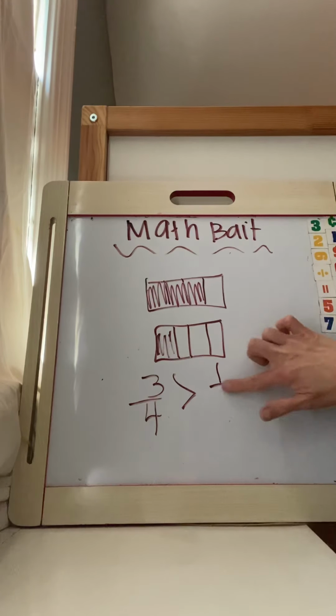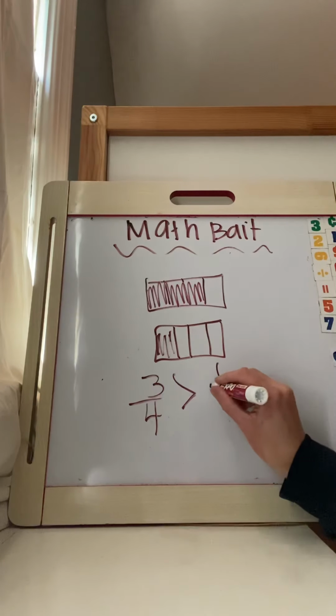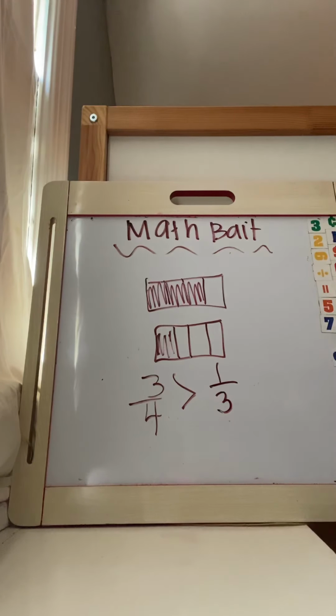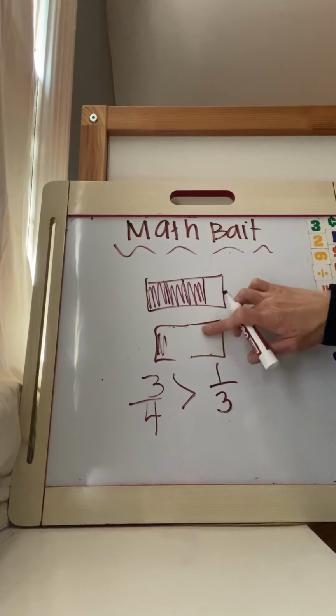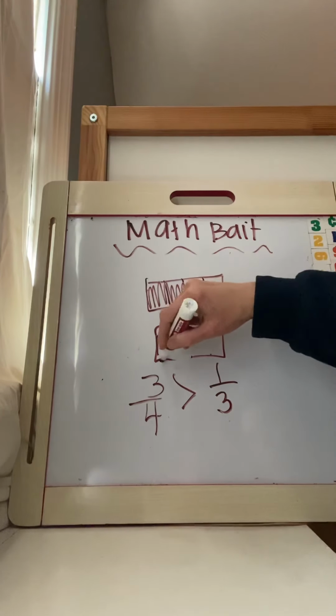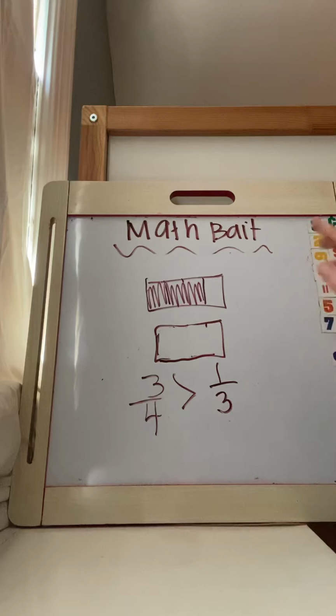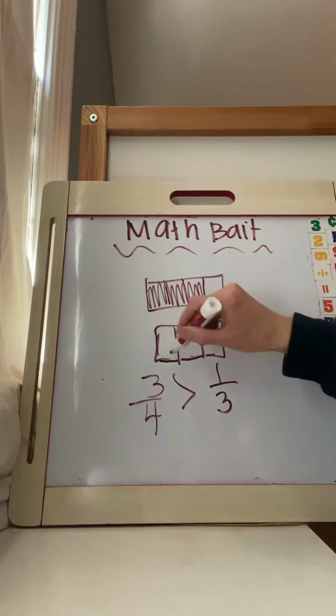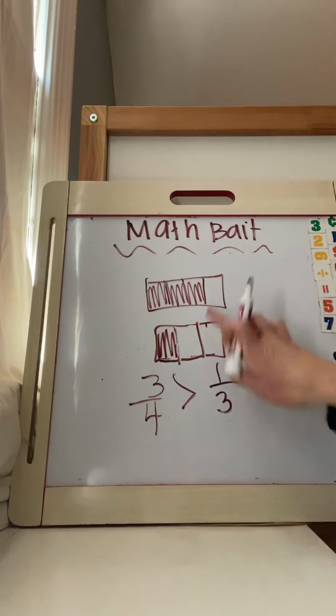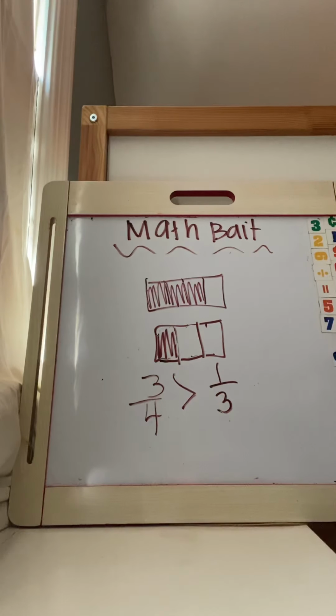Let's say instead of 1/4, let's say I had 1/3. Okay, now let's see if this is still true. So I'm not going to change the size of my chocolate bar. Remember, I'm going to change how many cuts my chocolate bar has. So now, instead of having 4 cuts, I'm going to do 3 cuts. So I only need 2 pieces. And then one of those pieces would be shaded. So this is still true. It helps so much when you draw your pictures.